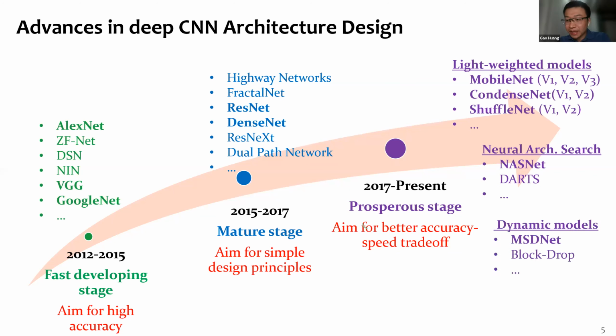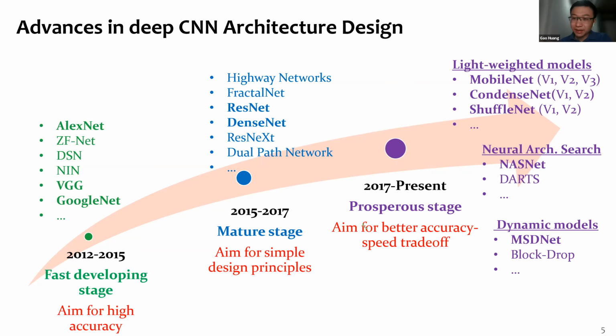And dynamic networks, which will be the focus of this talk, because most of the networks shown on this slide are static models. And so in this talk, I will introduce why we need to design dynamic models and how to make deep networks dynamic.